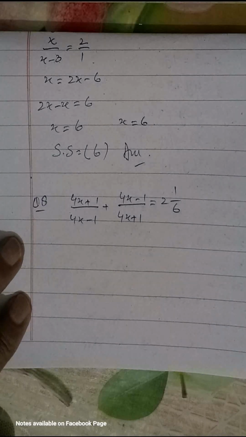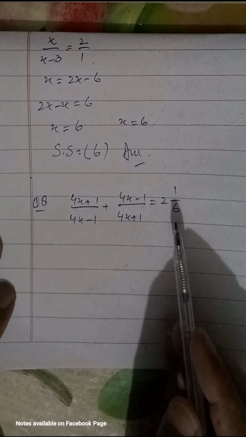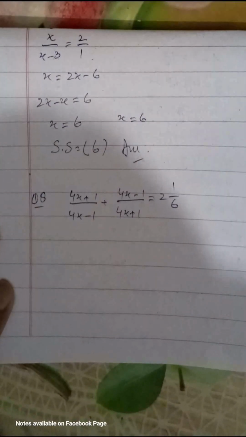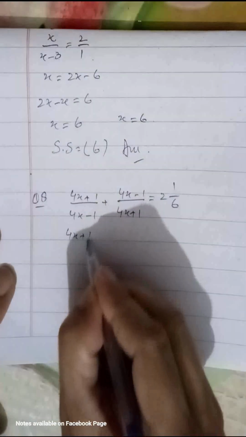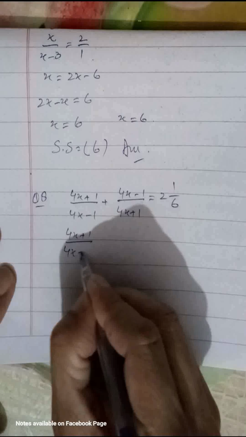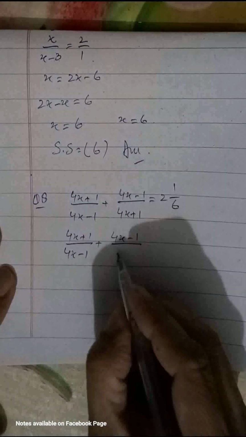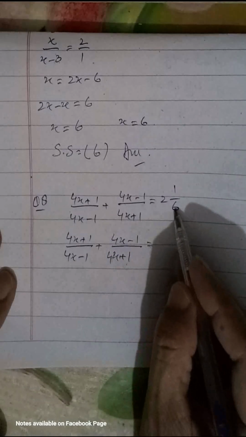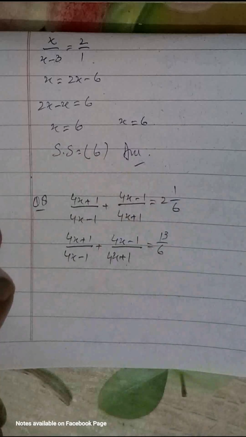Now first of all, we convert this fraction into an improper fraction. We get 4x plus 1 over 4x minus 1 plus 4x minus 1 over 4x plus 1 is equal to 6 2s are 12 and 1, 13 over 6.